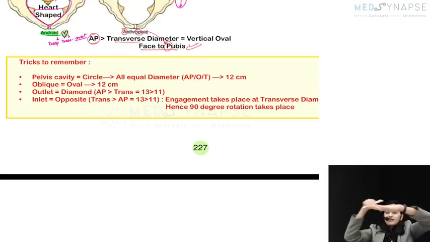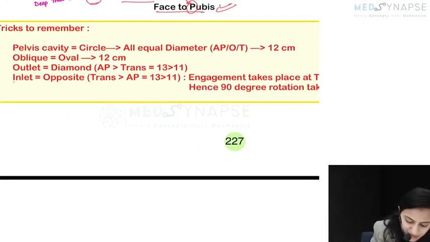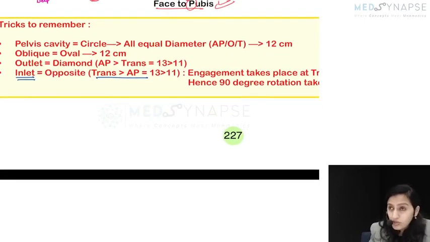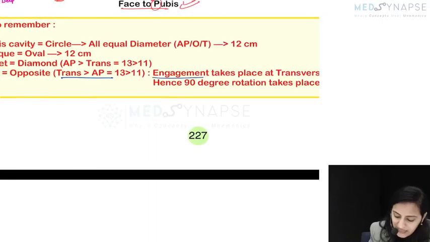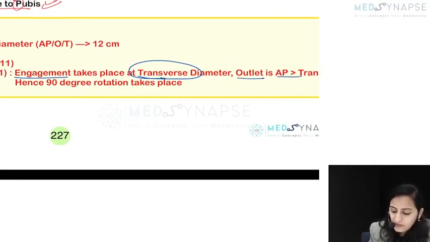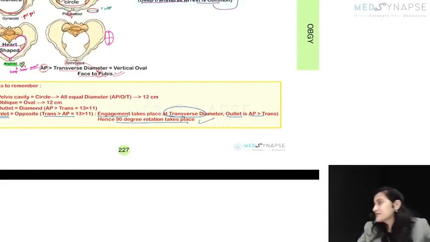That is why engagement is in the transverse, but it comes out in the AP diameter. So what happens during the process? The fetal head rotates. To come out, it has to rotate. So at the inlet, the transverse diameter is more, so engagement takes place in the transverse diameter, while at the outlet, the AP is more. Hence, the 90-degree rotation takes place.